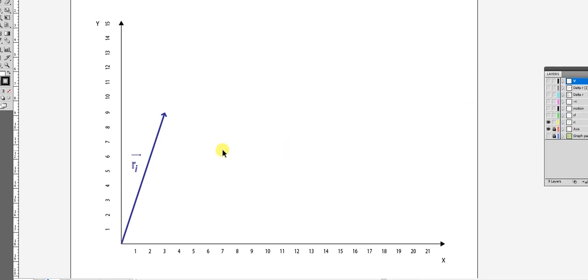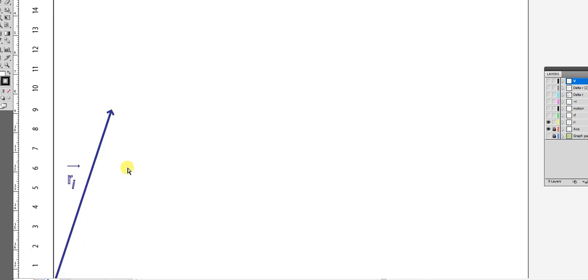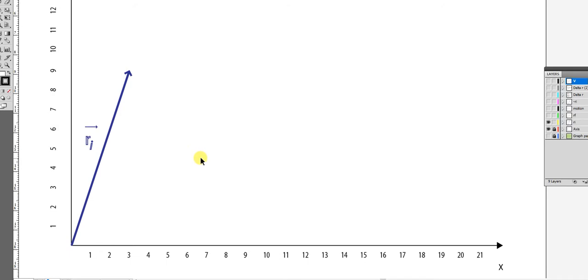We start with a vector r initial. I can enlarge it even more. And then we have a second vector, r final.